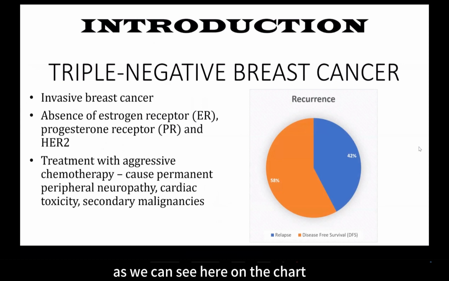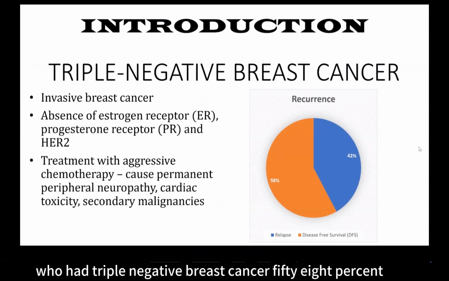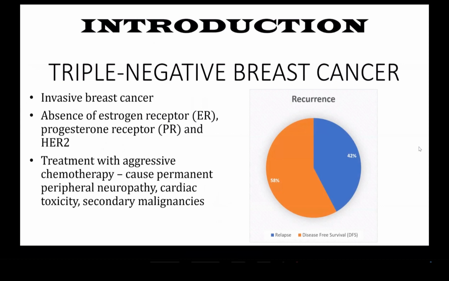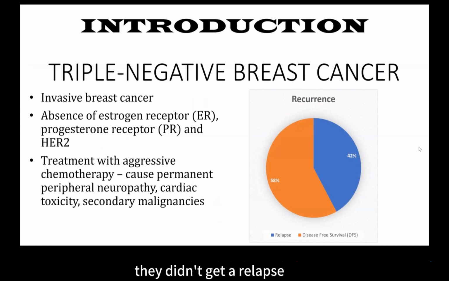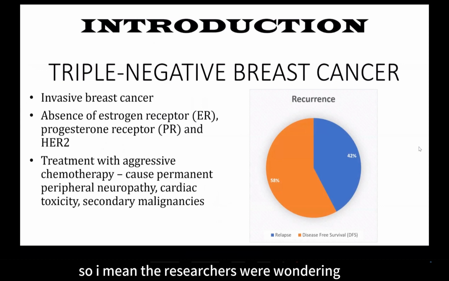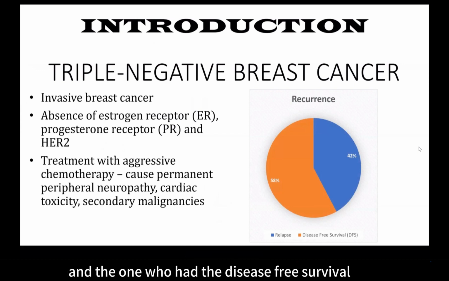As we can see on the chart, among the patients who had triple negative breast cancer, 58% had disease-free survival, more than 8 years without relapse, whereas 42% had a relapse. So the researchers wondered what is the difference between those who relapsed and those who had disease-free survival.